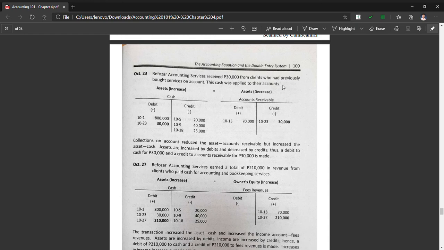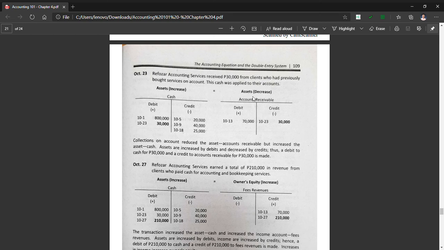So, any increases in cash should be on the debit side or on the left side. So, debit your cash, 30,000. Tapos, dahil nag-collect tayo from the client na may utang noon, siyempre, liliit ang utang nila. So, liliit ang mere-receive natin. So, we will be decreasing our accounts receivable.